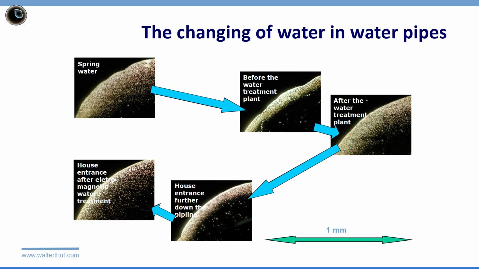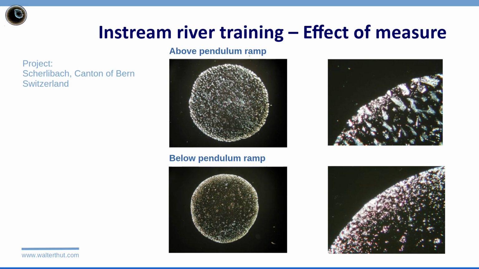It has been improved by this chemical treatment after the water treatment plant, but then again lost this capacity during transport in the pipes, and then again improved after physical water treatment. On these images, you can see the effect of engineering measures of in-stream river training. You see that the drops above and below the pendulum ramp look completely different.